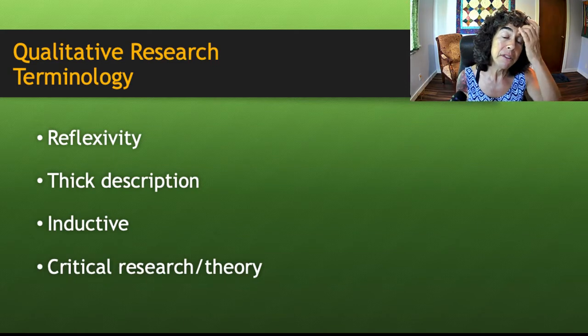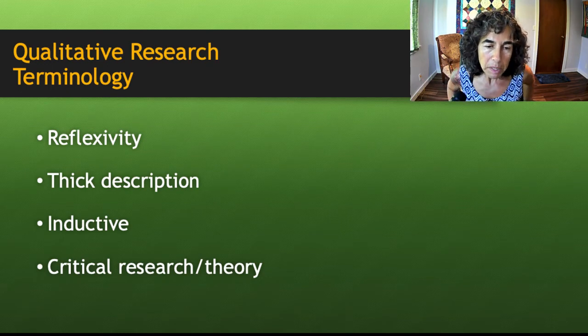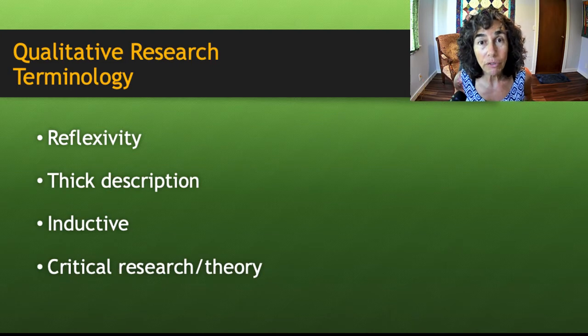And then the final term is critical research or critical theory. So the purpose of critical analysis, and you'll hear it called a bunch of different things, but look for the critical part of it, right? The purpose of it is to expose and challenge taken for granted power structures and to offer alternative perspectives to knowledge, theory building, and social reality.